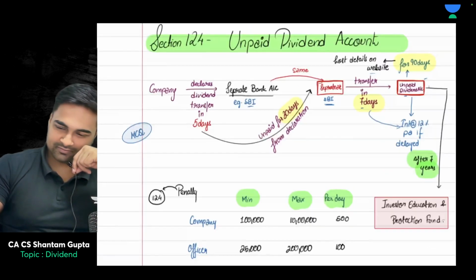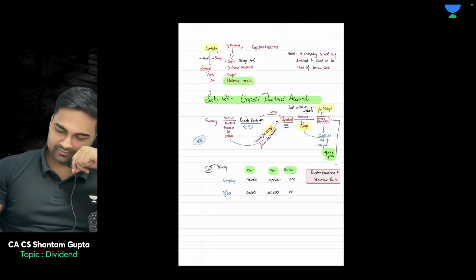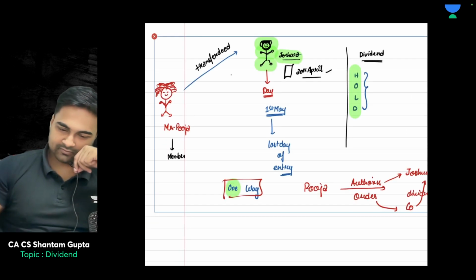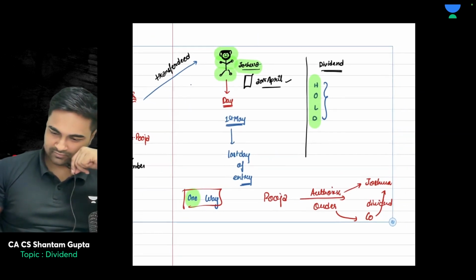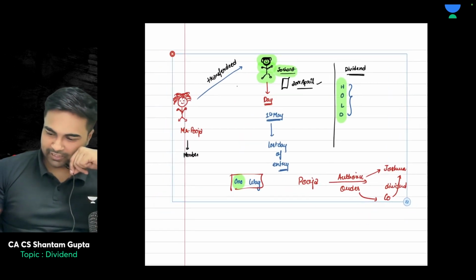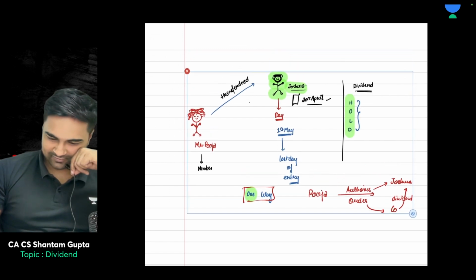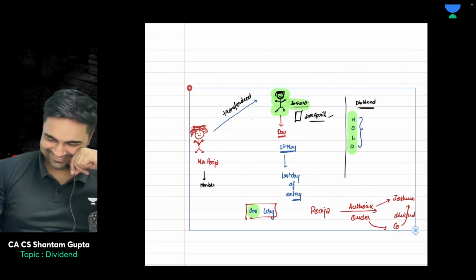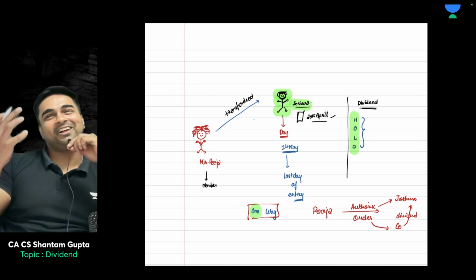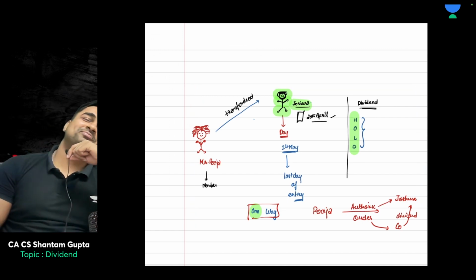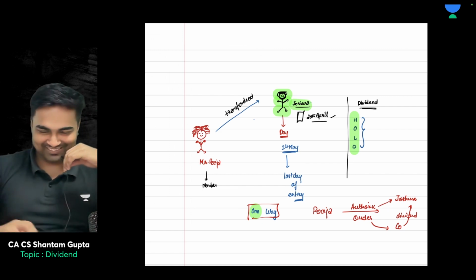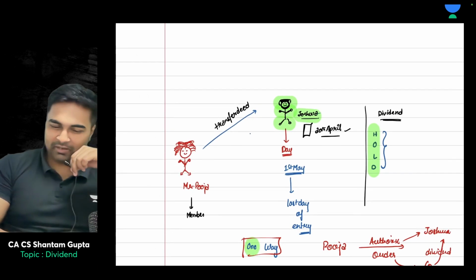Cut. Joshua is here. Congratulations, Joshua. Just made it to the book. See, guys, love. She always has to start first. He is the main culprit.